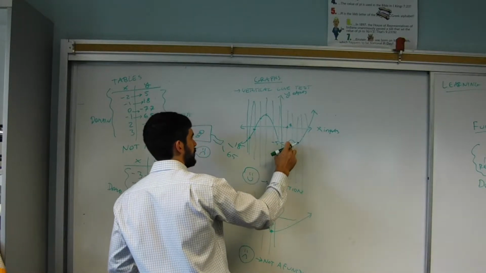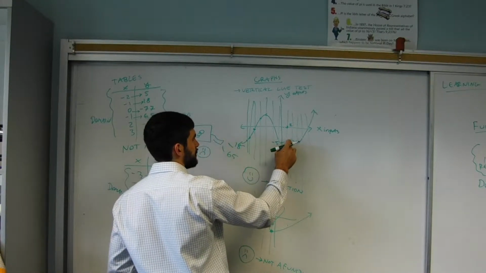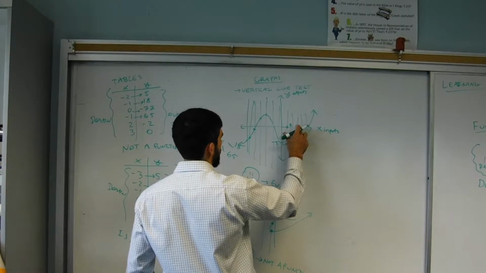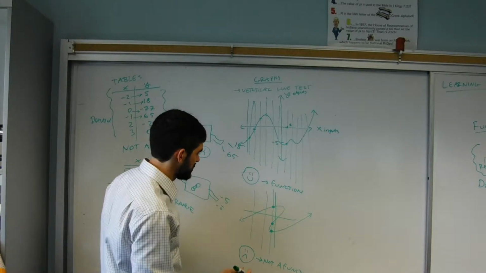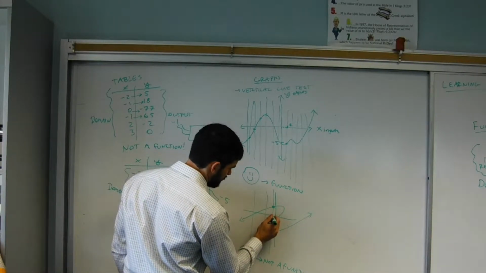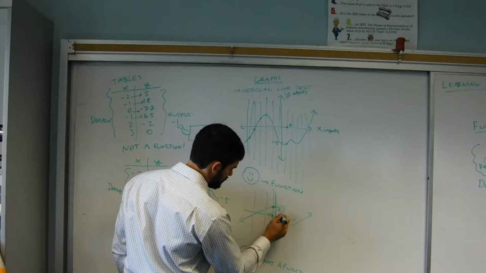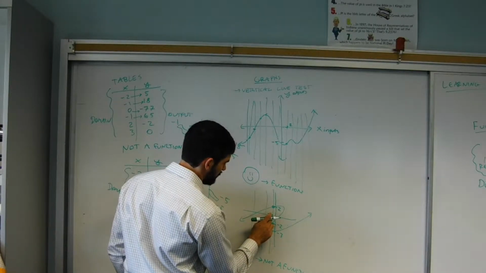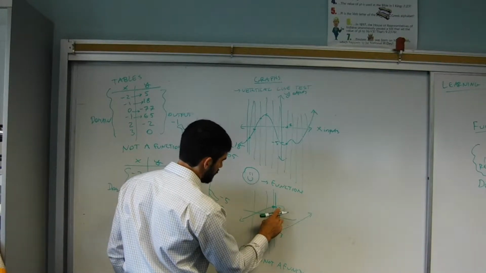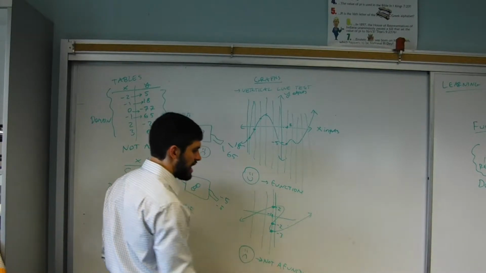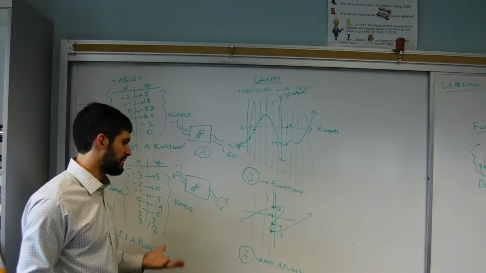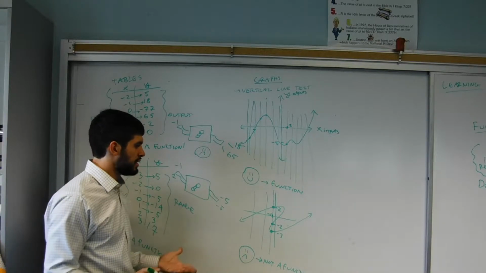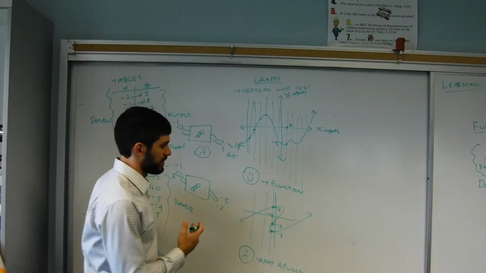So you see for the input of 1, we only get 1 output. And we can test that for any input, which would be our x values. But here, suppose this input is -1. You notice for our input of -1, we're getting an output of 2, -2, and -3, which is obviously not a function. So that is our vertical line test.